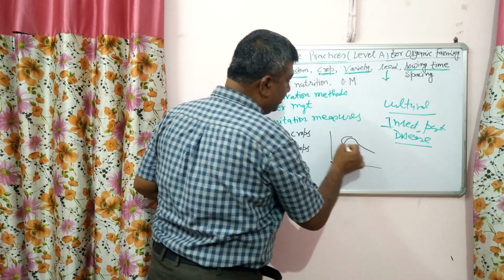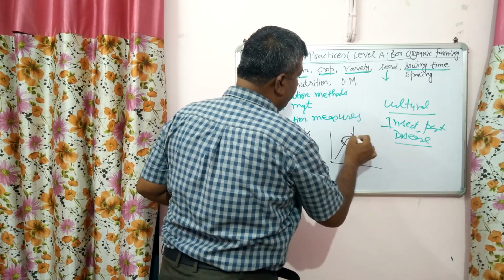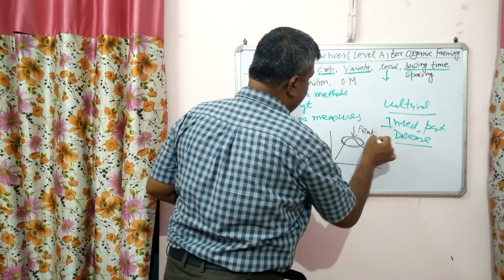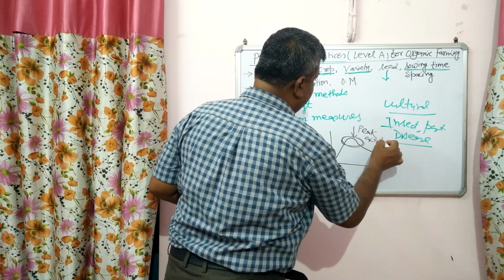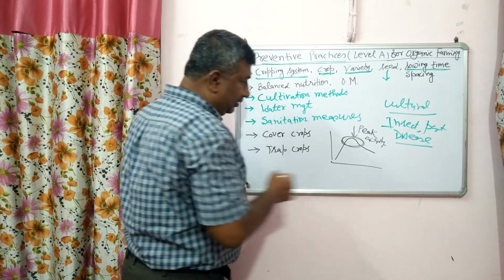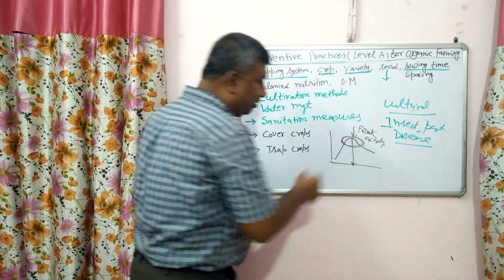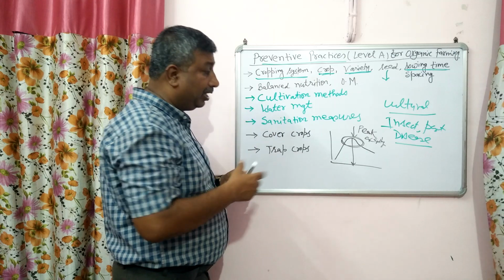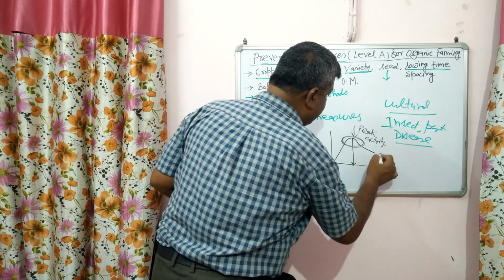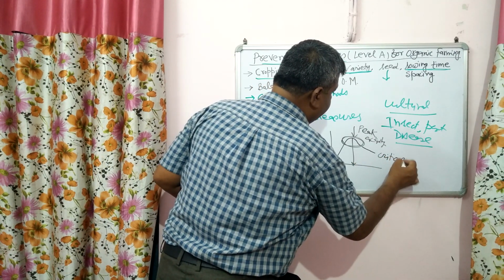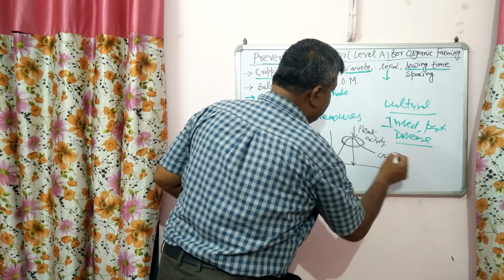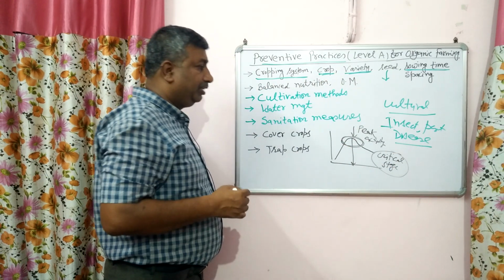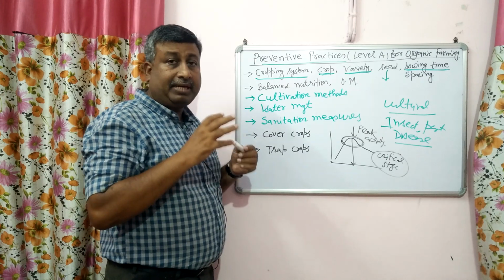This is the maximum or peak activity of the pathogen or insect, and at this stage it causes maximum damage to the plant. This stage is known as the critical stage.